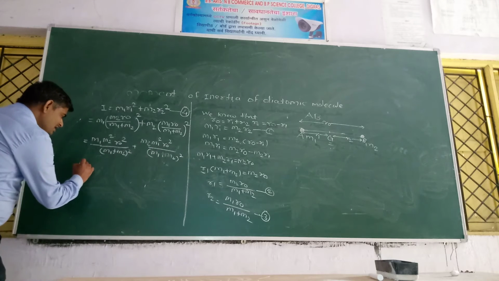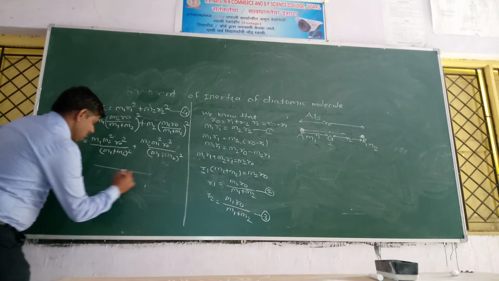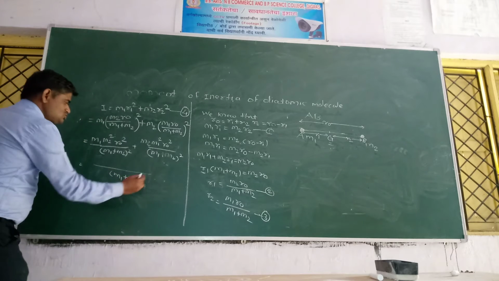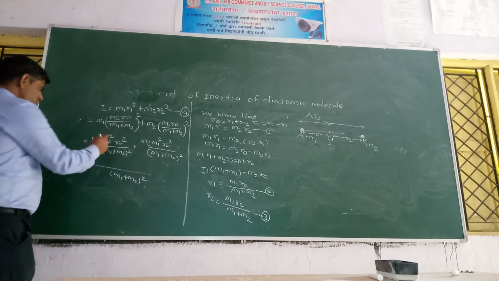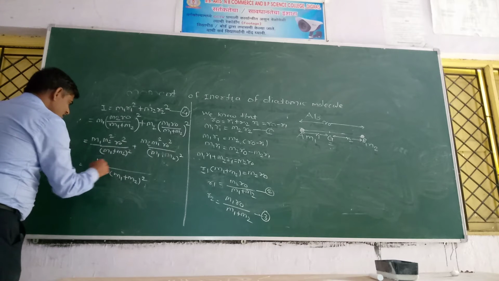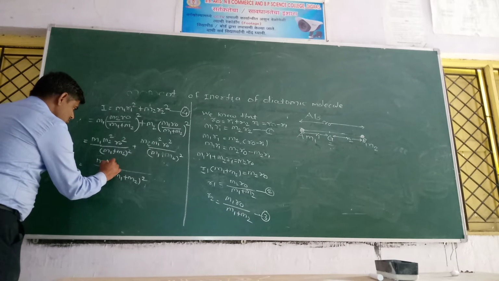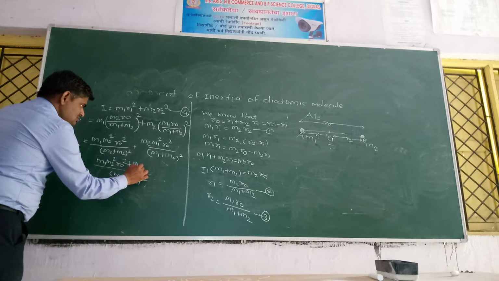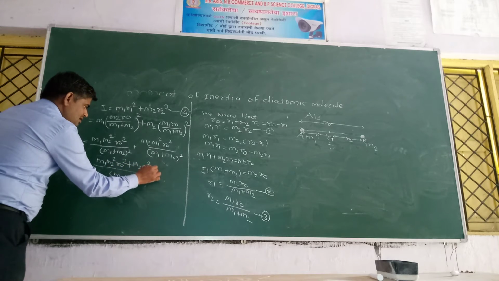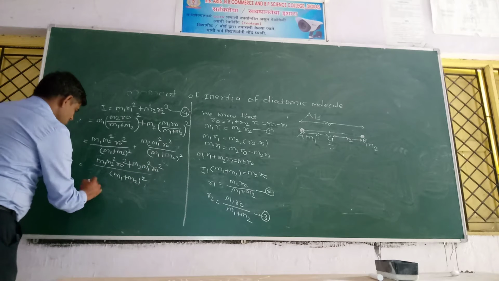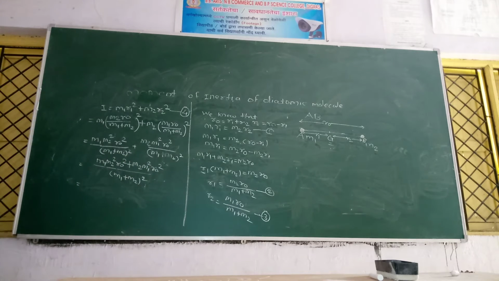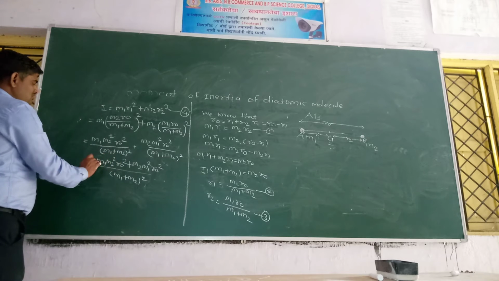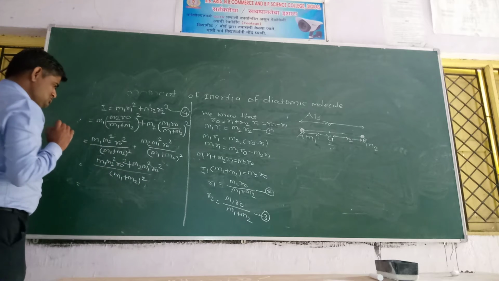Then we write one denominator, M1 plus M2 bracket square. We write the numerator M1 M2 square R0 square plus M2 M1 square R0 square. We observe that M1, M2 and R0 are common.